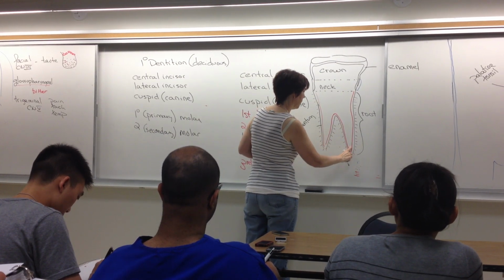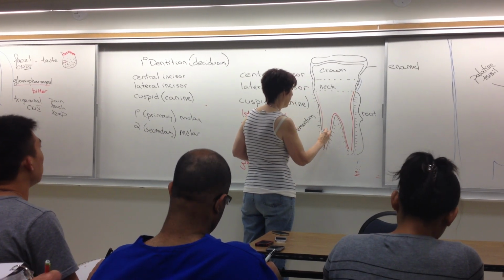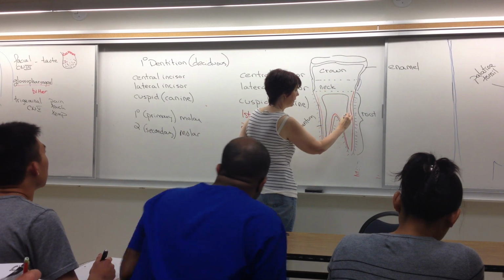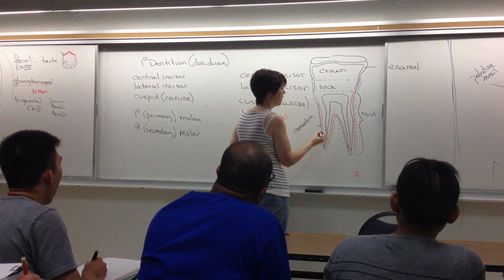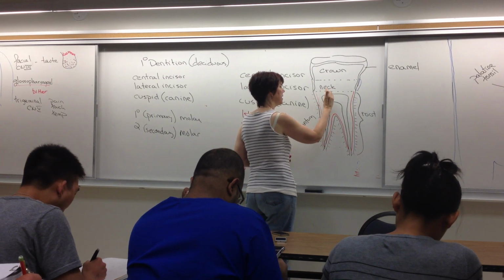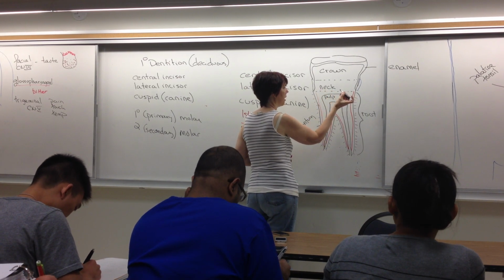The root of the tooth is open to a cavity known as the pulp cavity, and it contains connective tissue, arteries, and veins.